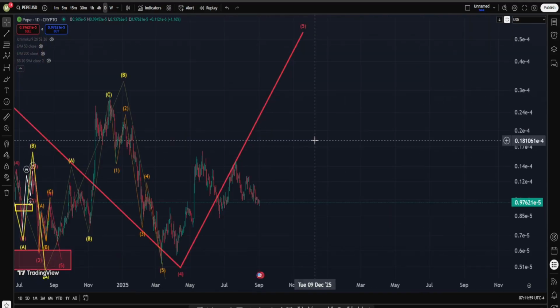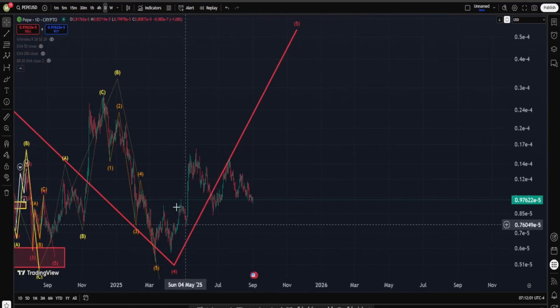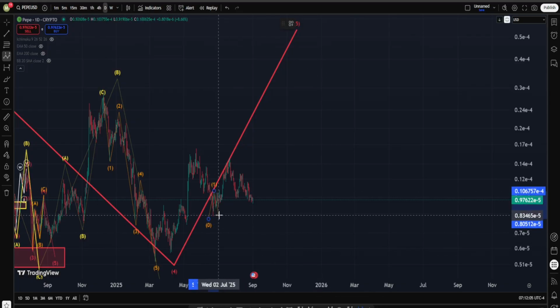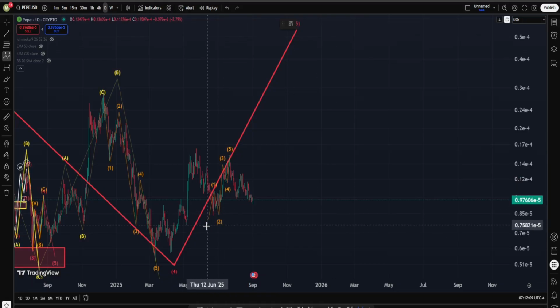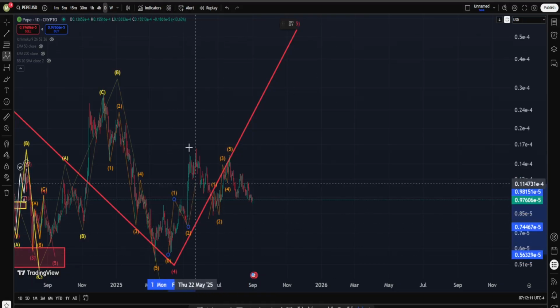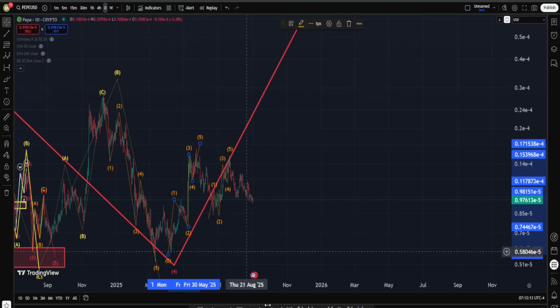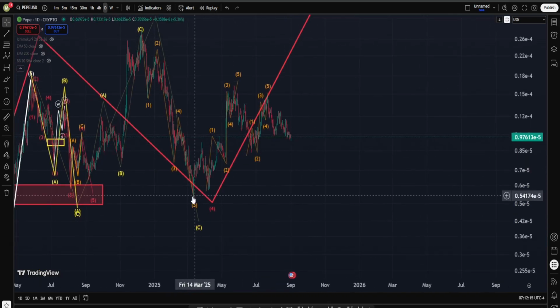And I think your best shot at finding some sort of an impulse in here is if you say that this is 1, 2, 3, 4, 5 to about here, and also this is another 5 wave on the upside, and this initial phase up off of the lowest low can be a 5 wave.